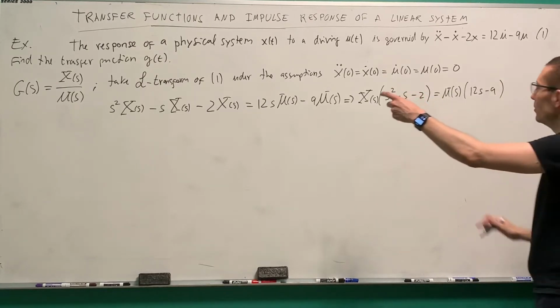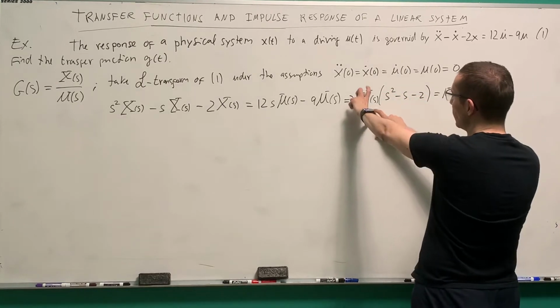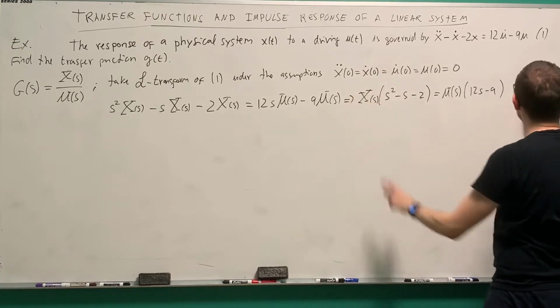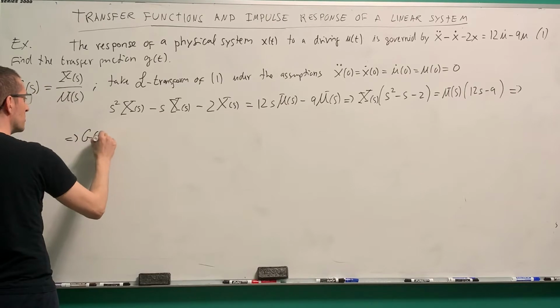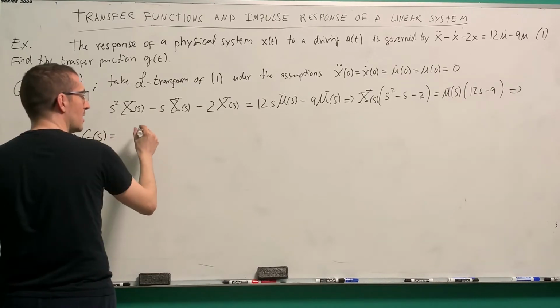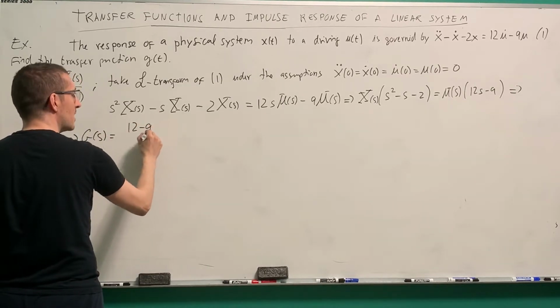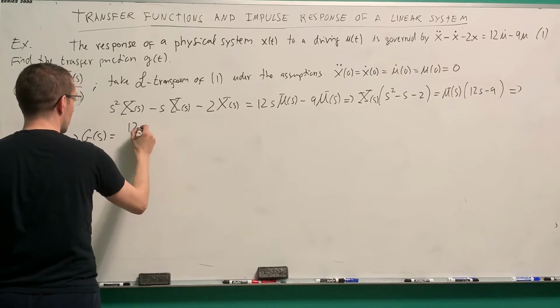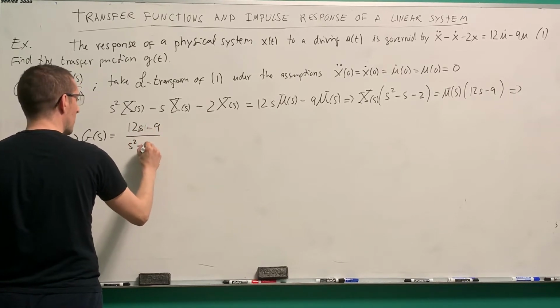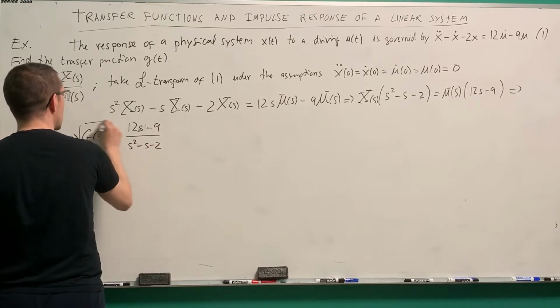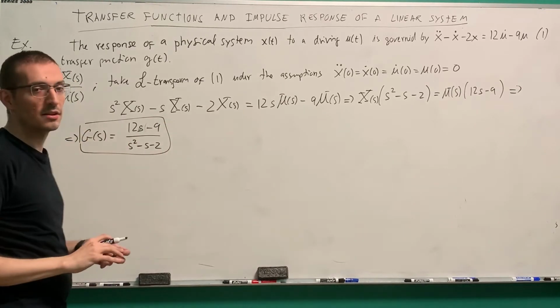Now, all that I need to do is move this into the denominator. Here's the transfer function, and I get that the transfer function in the S domain is 12s minus 9 divided by s squared minus s minus 2. So this is half of the solution, because that's the transfer function in the S domain.